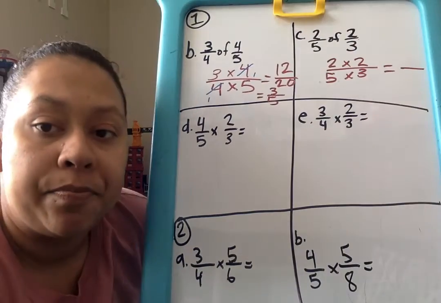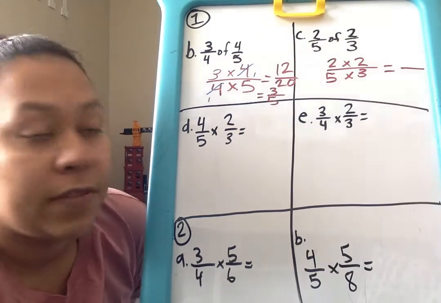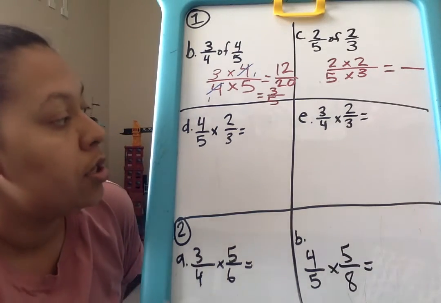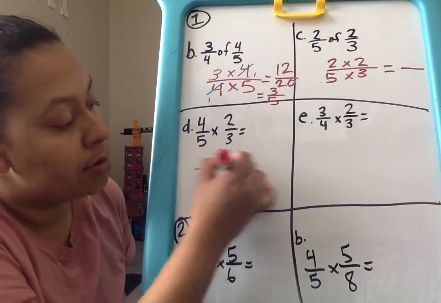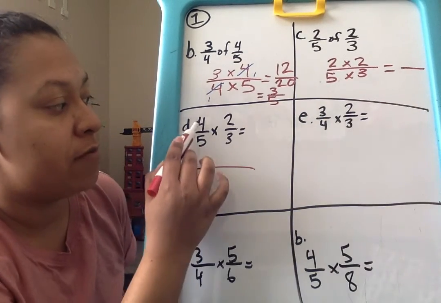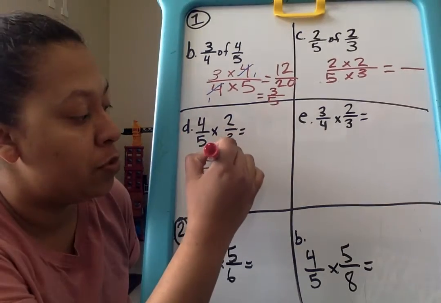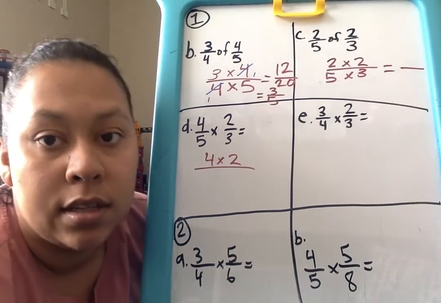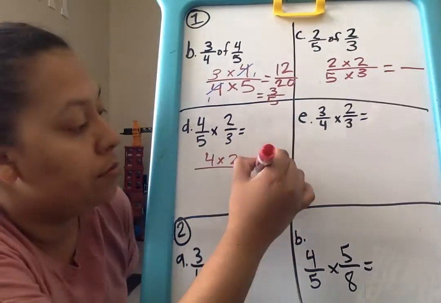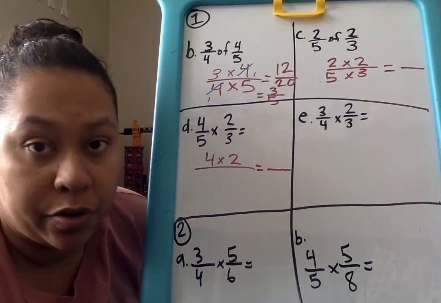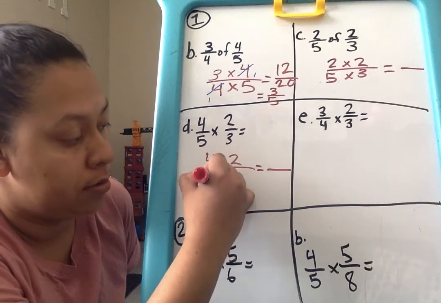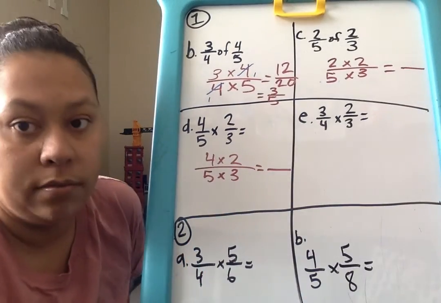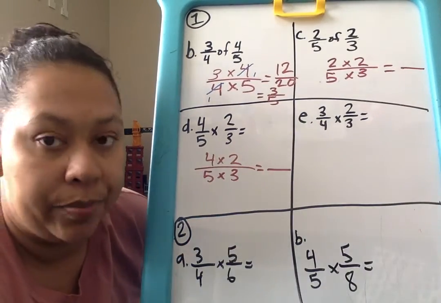Okay, so D, we have 4/5 times 2/3. So let's write that as one whole fraction equation like that. So I'm going to have just one whole fraction line, and then we would have 4 pieces times 2 more pieces. So that would equal another numerator, 4 times 2, and then we have fifths times thirds, and that would equal your denominator, okay?